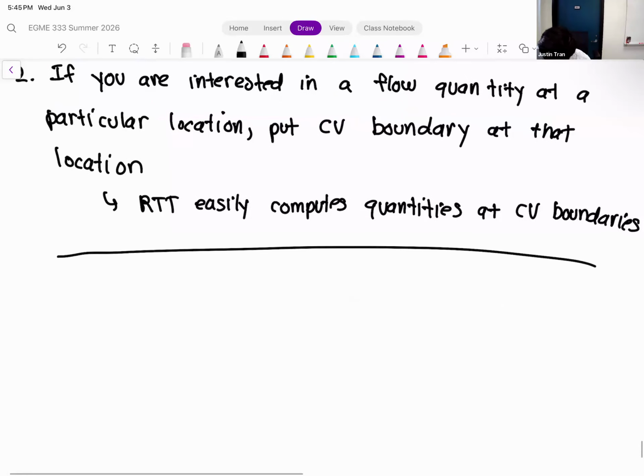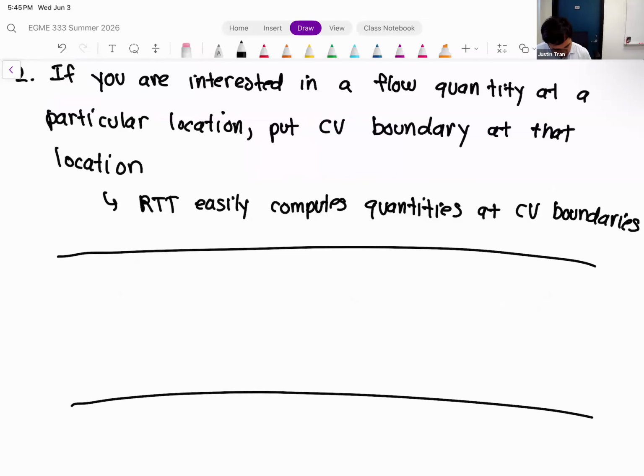As an example, let's say we have a pipe flow here, and for some reason we really want to know the velocity of the flow at this location. This location right here is a location of interest.